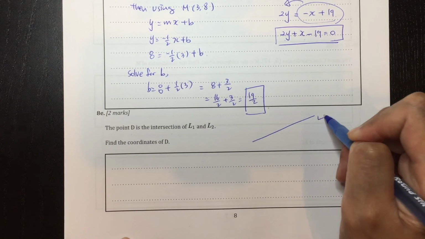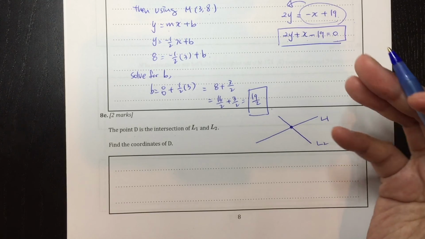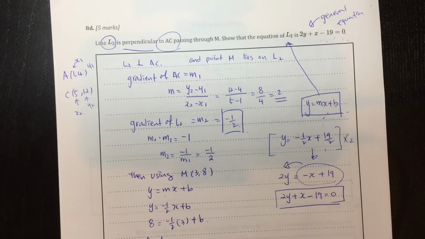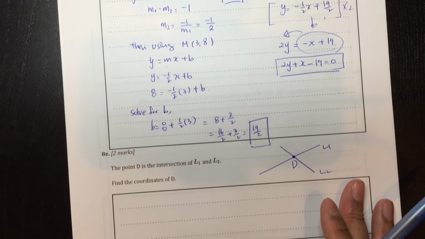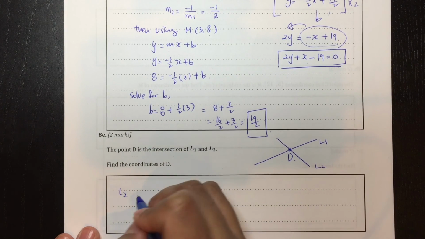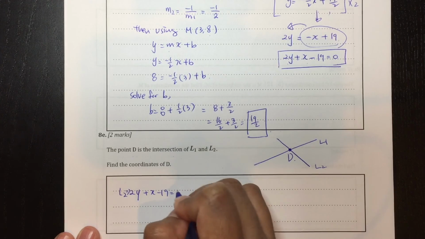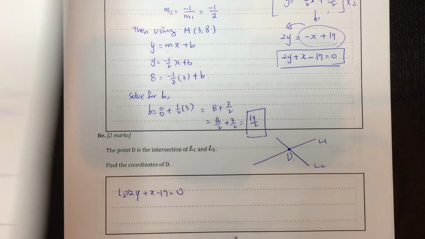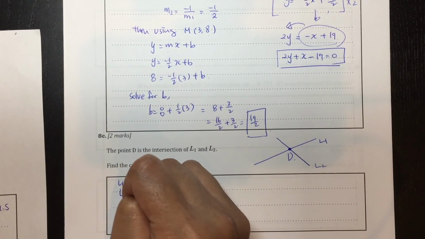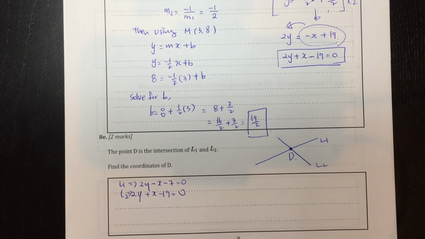So when you have L1 and L2, this intersecting point is the point D. To do this, we're going to use the L2 equation, 2y plus x minus 19 equals 0, and L1 from the first question, which is 2y minus x minus 7 equals 0. We're going to use these two equations.